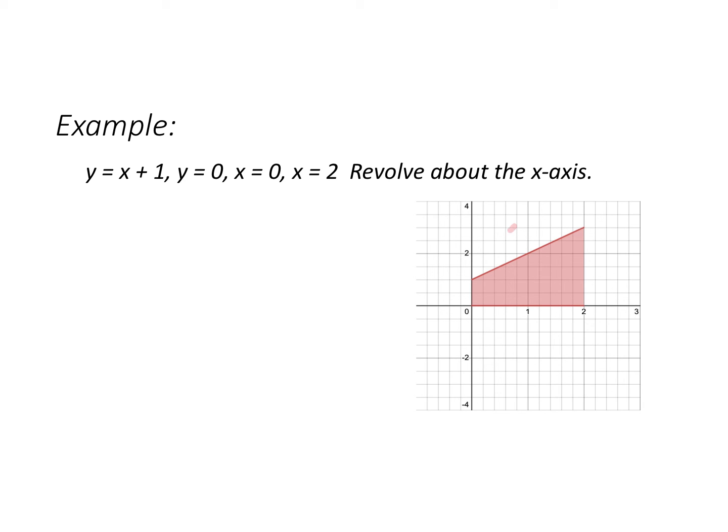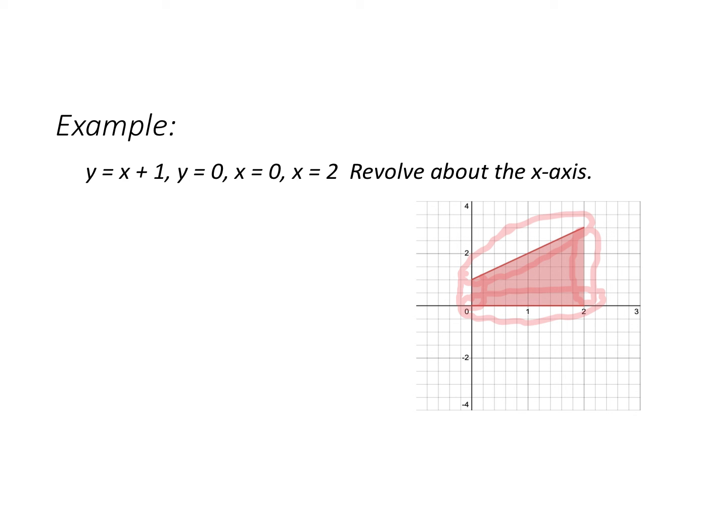If you look closely, here is our y equals x plus 1. Y equals 0 is simply the x-axis, which is down here. X equals 0 is this portion of the y-axis right here, and x equals 2 is this vertical line over here. So that describes the four sides of the shaded region.